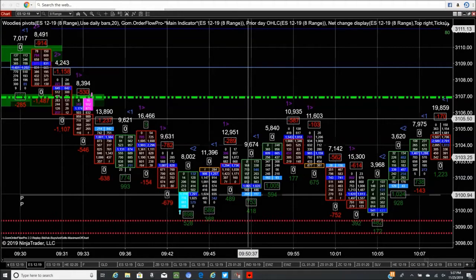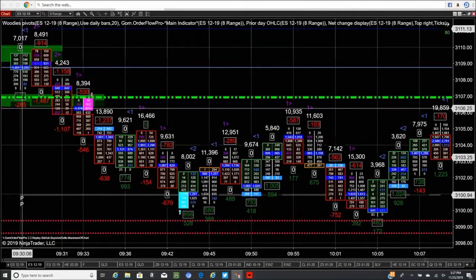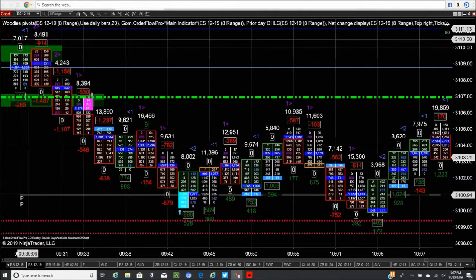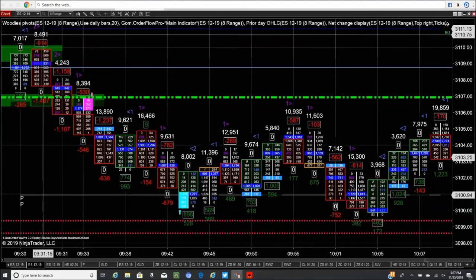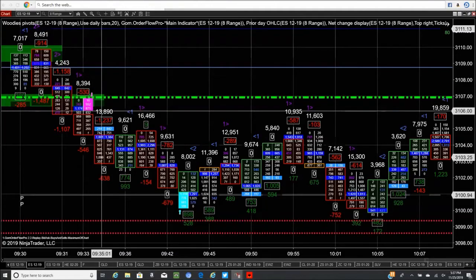But what I'm going to cover here is volume. So this is the beginning of the day right here at 9:30 a.m. Eastern Time, because I am a Michigan dude, and I'm on Eastern Standard Time. So we have 7,000, the volume on the first candle, 8,000, 4,000, 8,400, 13,890.